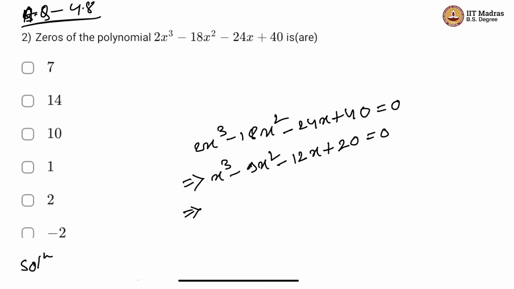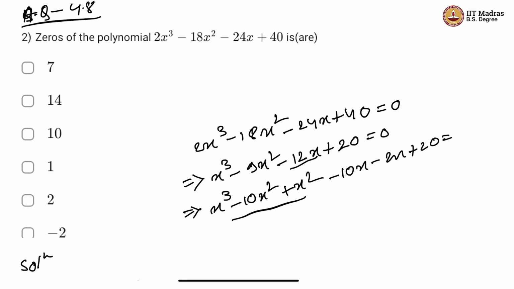Right? Again, we can rewrite it as x^3 - 10x^2 + x^2, then it will be again -9x^2, right? So again, we can rewrite it as -10x - 2x + 20 = 0.